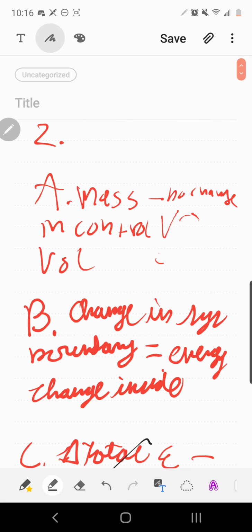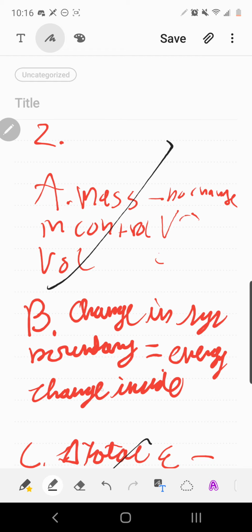This one's hard to read. The mass within a closed control volume does not change. Okay, control volume and whatnot is also not what we are talking about.